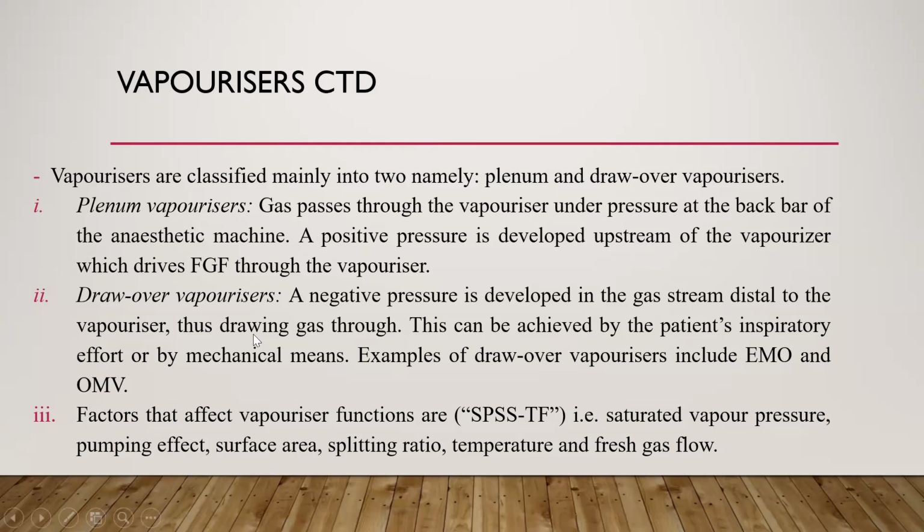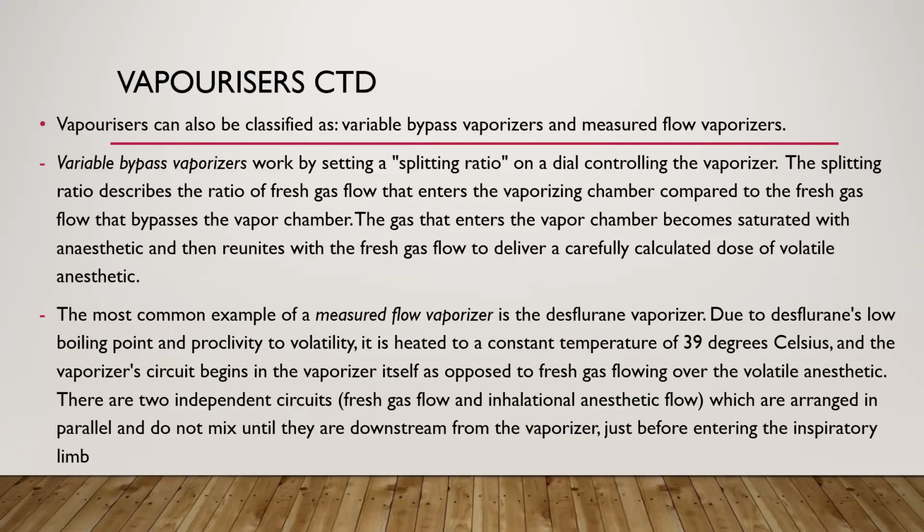The EMO and the OMV draw-over vaporizers. We're going to come to factors that affect vaporizer function. I'm going to come back to that because it's important. Each of the problems with vaporizers has been addressed in subsequent anesthetic machines.